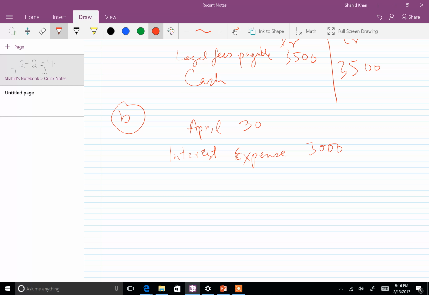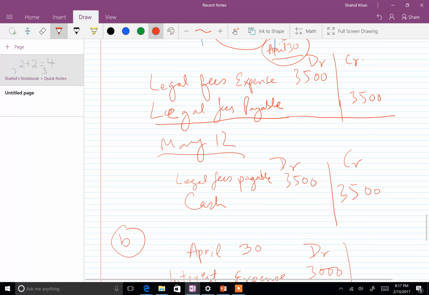Right on the last day, you're going to book an entry and call it interest expense debit. And because you're not paying cash till the next month, you will create something called a payable, just like the entry you did in part A, where you called it legal expense payable.